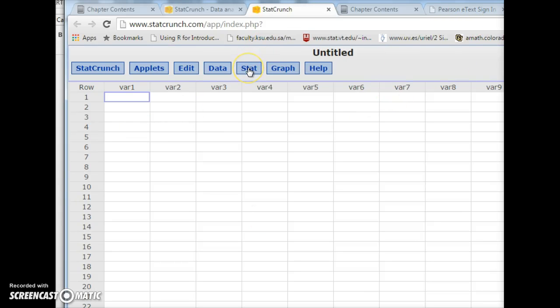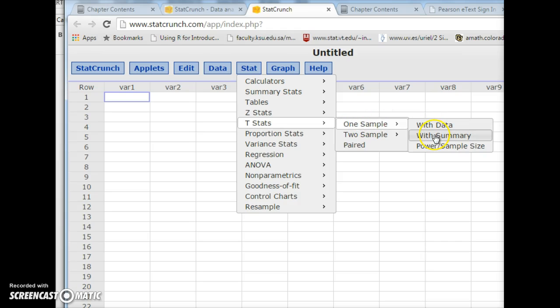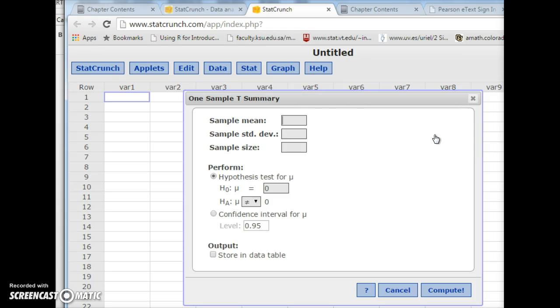Using, again, the same procedures, we go to Stat, T Stats, One Sample, and then With Summary. Our sample mean is 129, our sample standard deviation is 41, and our sample size in this example is 30.